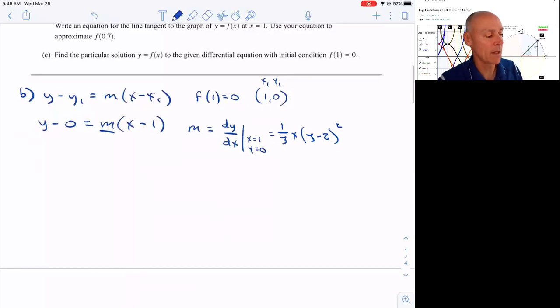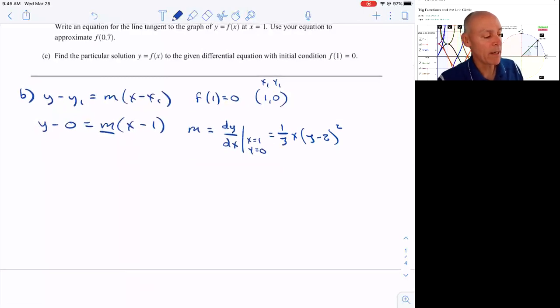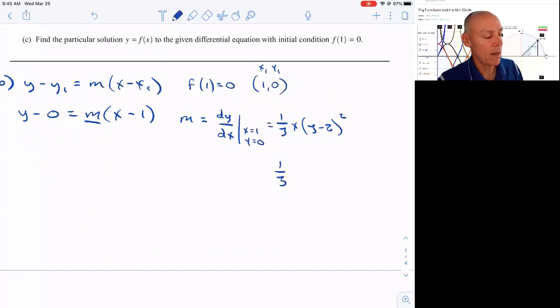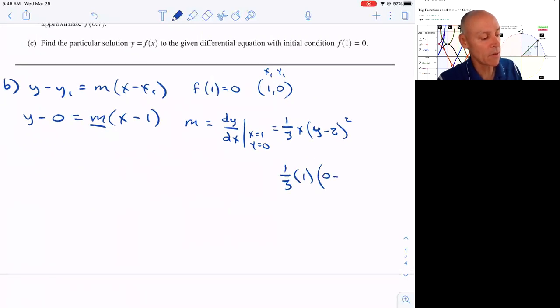I'm going to substitute in 1 for my x, so I have 1/3 times 1 times, and I'm going to substitute in 0 for my y, (0 minus 2) squared. So that's going to be 1/3. 0 minus 2 is -2, squared is going to be 4. So my answer is going to be 4/3. So that is my slope.